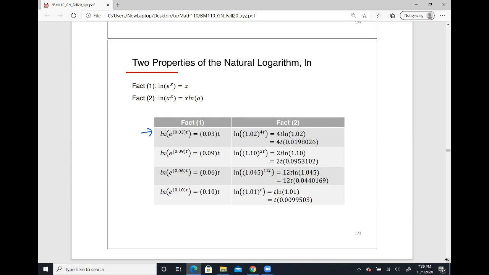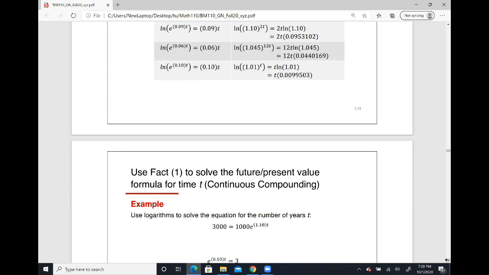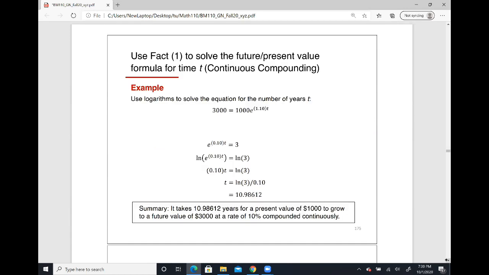Okay, let's move to the next page. Let's use fact 1 to solve the future and present value formula for t. We come back to the problem from before: use log to solve the equation for the number of years t.